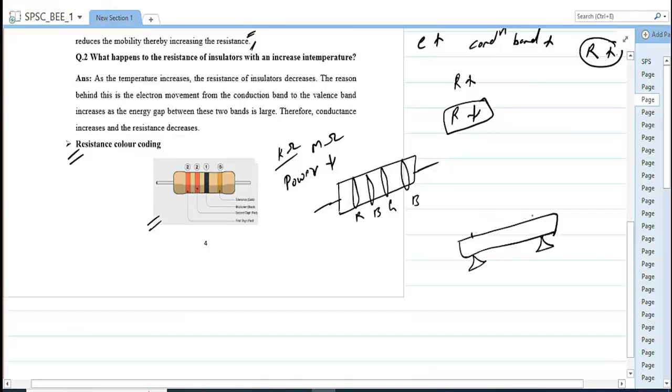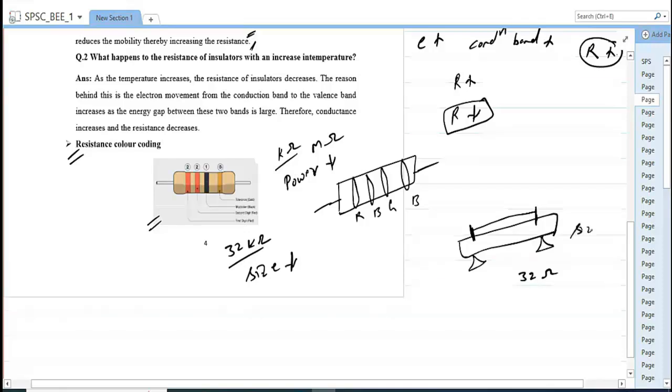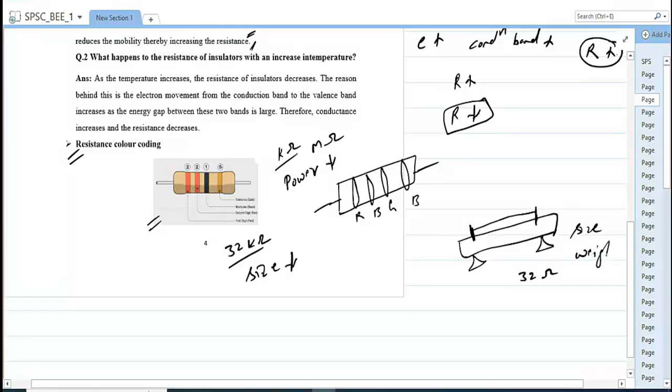You might have seen these types of resistances also in your machines lab. This resistance offers only, let's say, 32 ohm, and this resistance may offer 32 kilo ohm, but their size, area and weight are much smaller, and their power handling capacity is high.